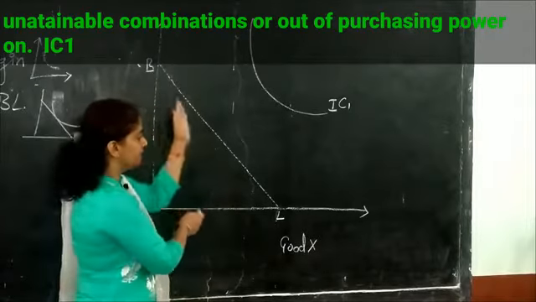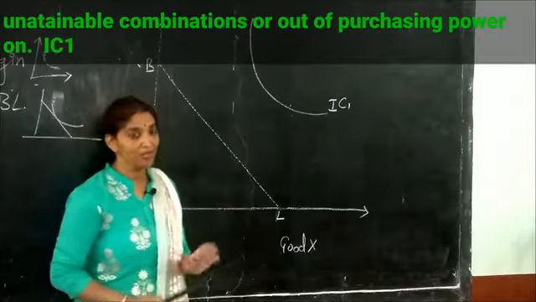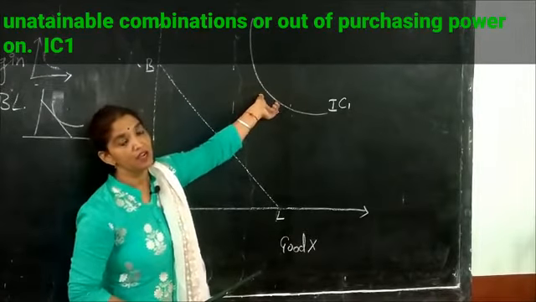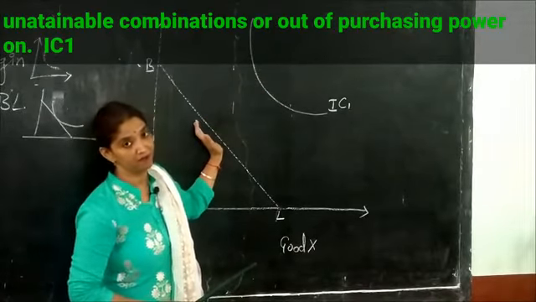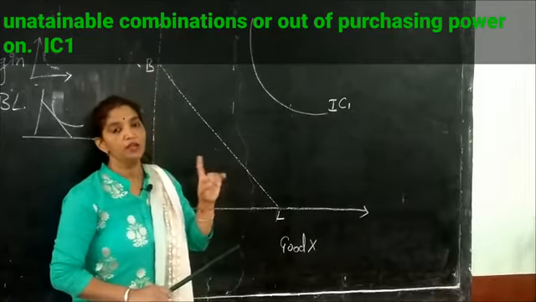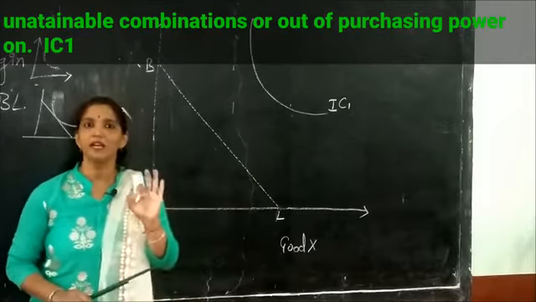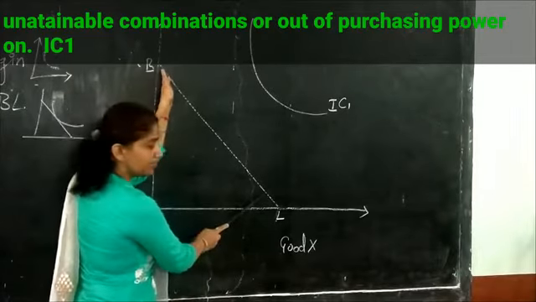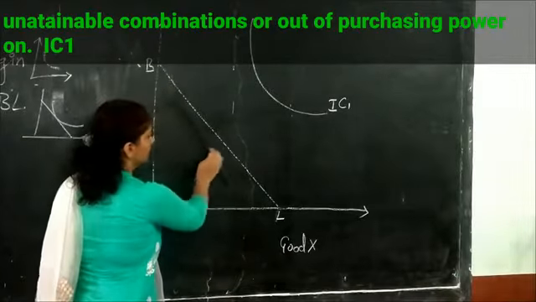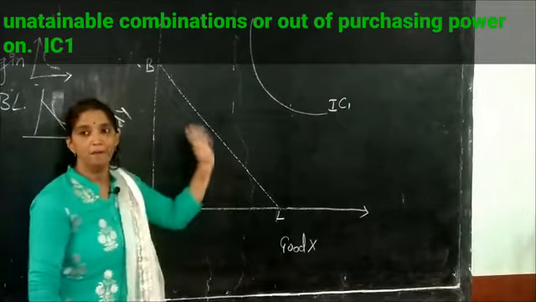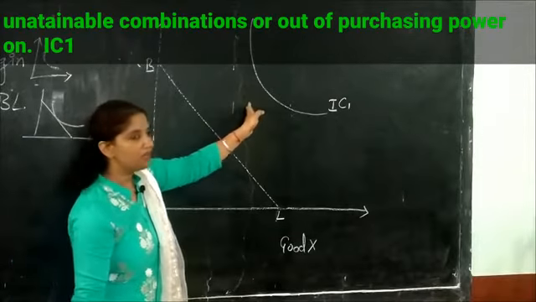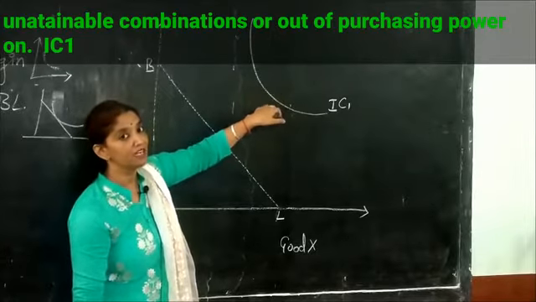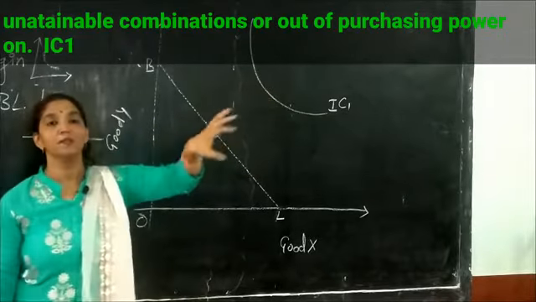As his budget is not allowing him to purchase that type of combination, because those combinations are out of his purchasing power. Earlier I told you the consumer can purchase only those combinations which are lying on the budget line or under this curve. Beyond this curve, any combination is not attainable and can't be purchased.